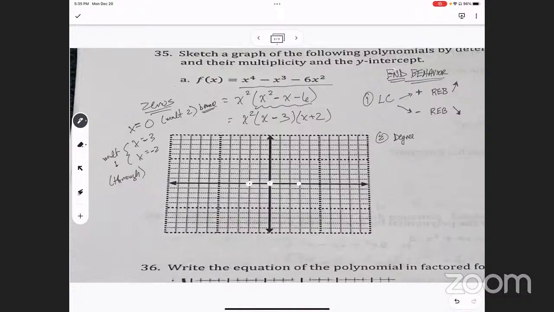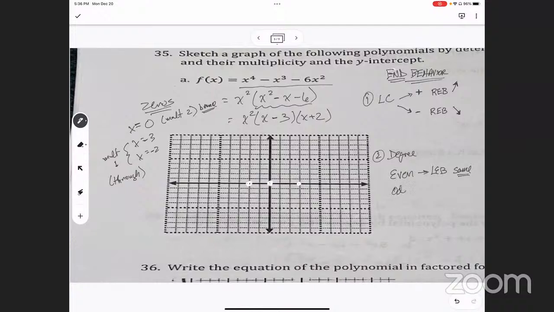If the degree is even, then the left end behavior is the same as your right end behavior.